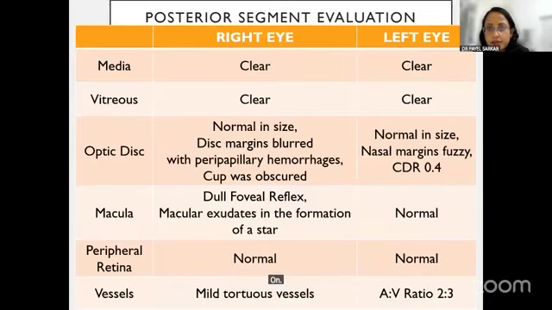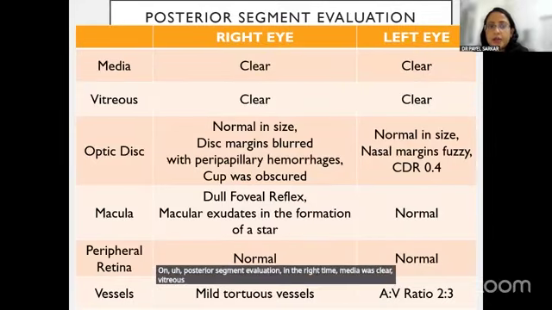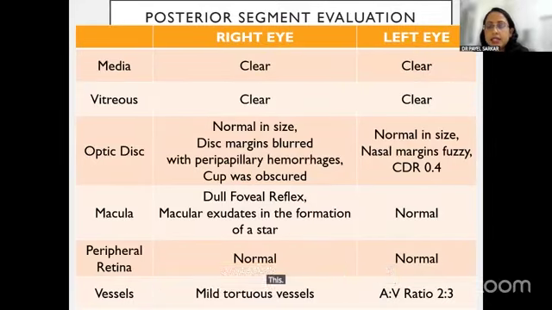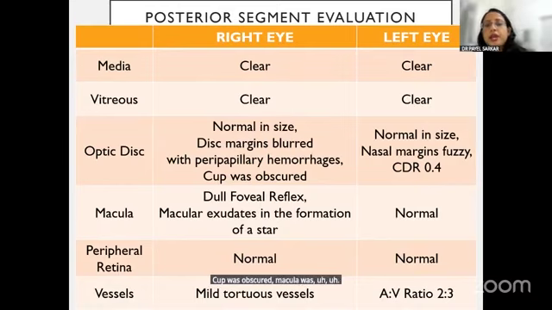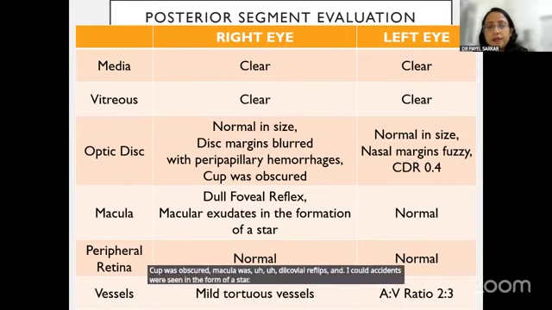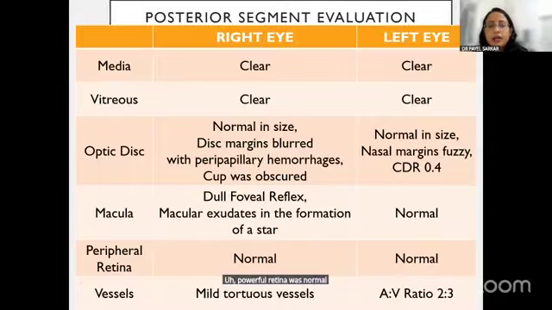On posterior segment evaluation, in the right eye, media was clear, vitreous was clear, optic disc normal in size, disc margins were blurred with peripheral hemorrhages, cup was obscured, macula had a dull foveal reflex, and macular exudates were seen in the form of a star. Peripheral retina was normal, and tortuous vessels were noted.